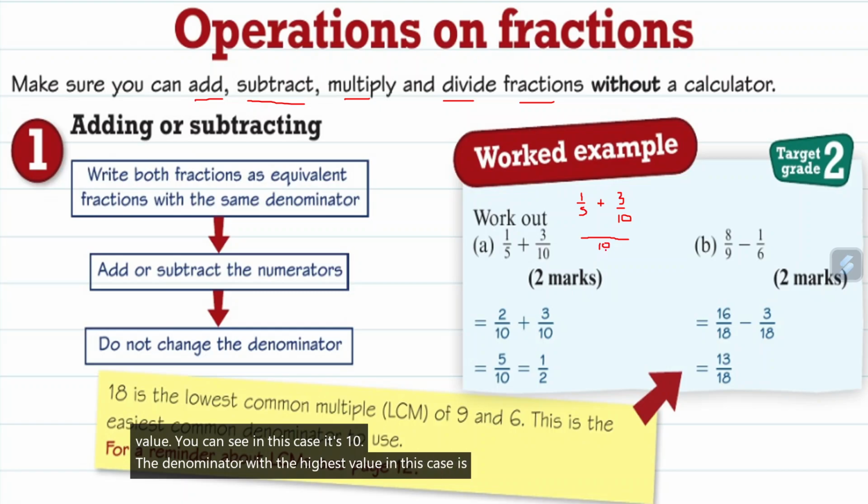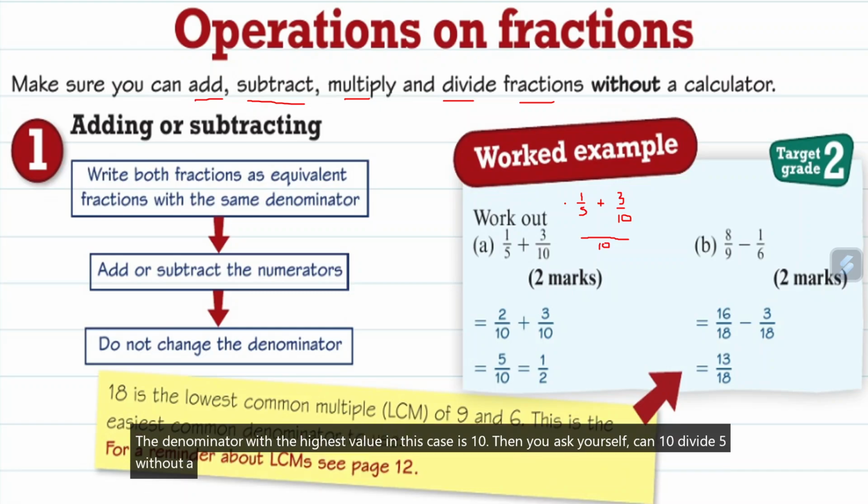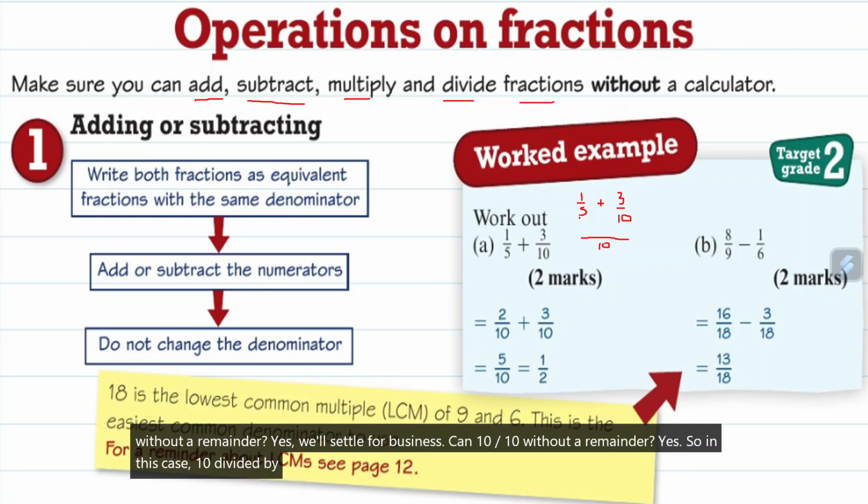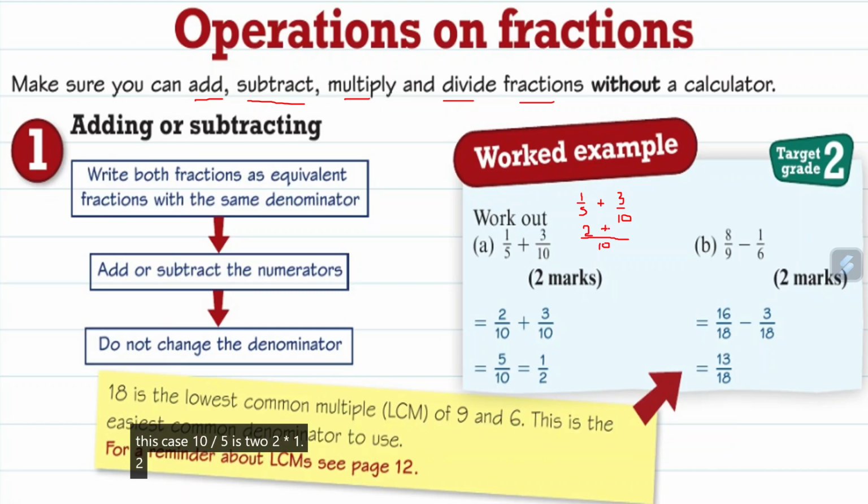Then you ask yourself, can 10 divide 5 without a remainder? Yes. We'll settle for this. Can 10 divide 10 without a remainder? Yes. So in this case, 10 divided by 5 is 2. 2 times 1, 2, plus 10 divided by 10, 1. 1 times 3, 3.